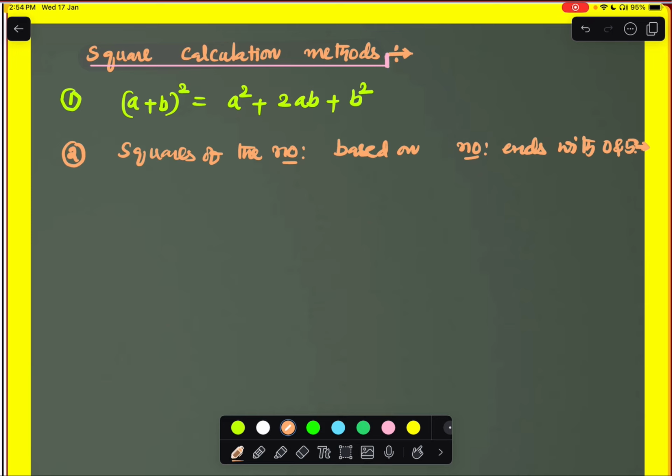If you know the squares of numbers ending with 0 and the squares of numbers ending with 5, then based on these two squares only we can find the squares of all numbers.